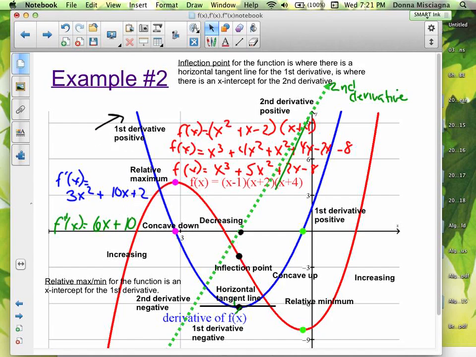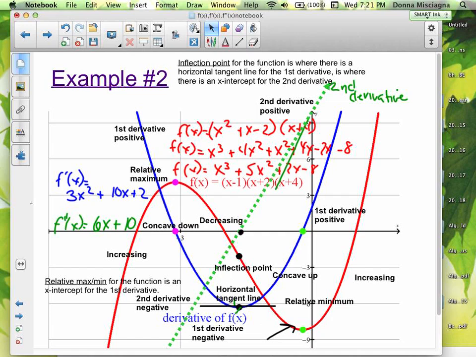And our first derivative is positive from negative infinity to almost negative 3. Right? Then our function is decreasing from negative 3 to, my shadow's blocking again, I can't see the value.